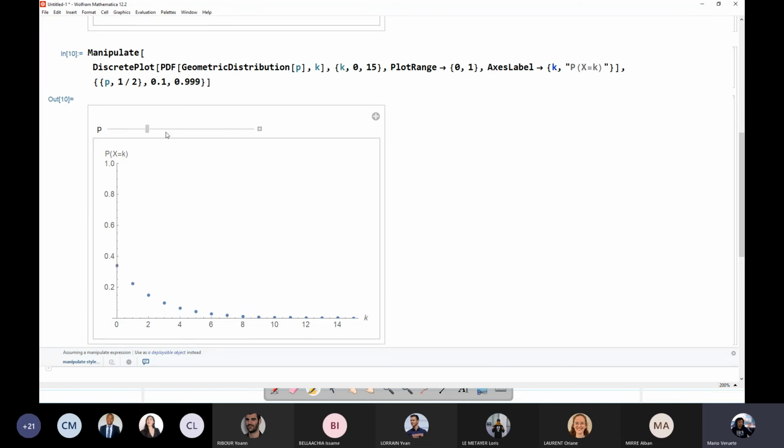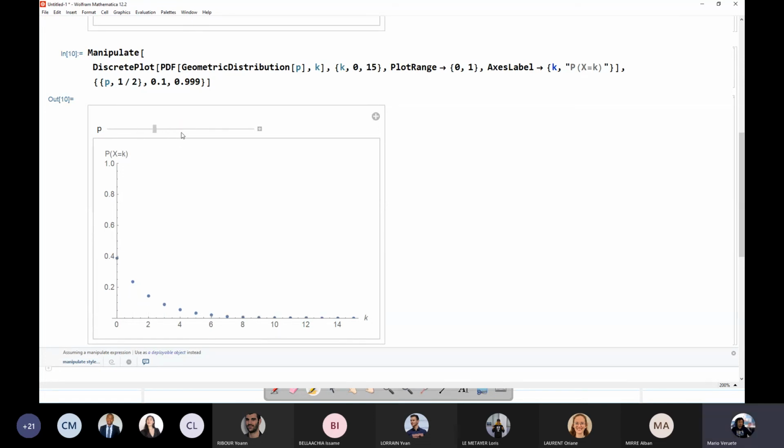So this is how the parameter p affects the PDF, the probability distribution function. Do you remember we saw this probability distribution function in the first or second lecture? It's the pi function, pi of x. Any question?